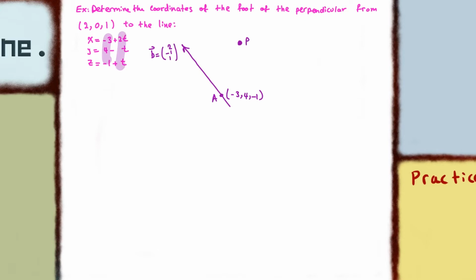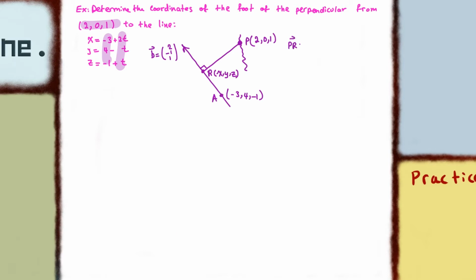Then I'm going to draw point P, which has coordinates (2, 0, 1). And I'm going to draw the perpendicular line from the line to that point and label it as point R, which has components x, y, and z.